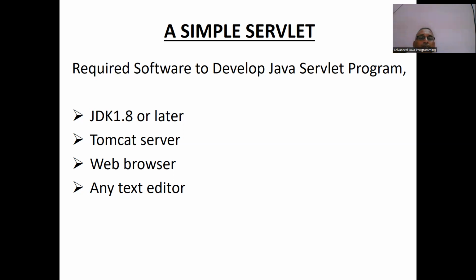Create the deployment directory structure. Step 1: create a deployment or staging directory structure for the Java web application. In the servlet introduction topic, we have already learned about the development directory structure of a Java web application. Based on that knowledge, create the deployment structure.